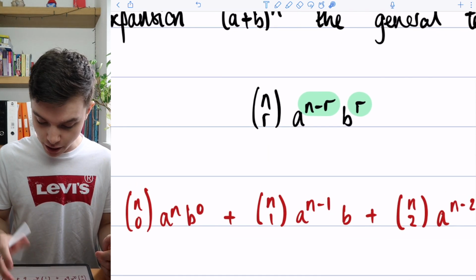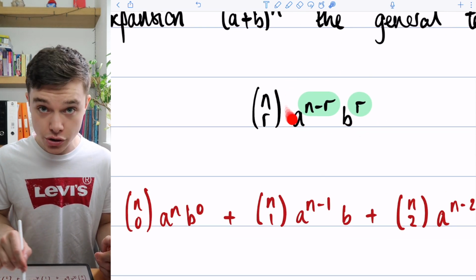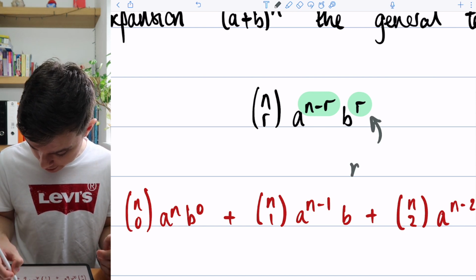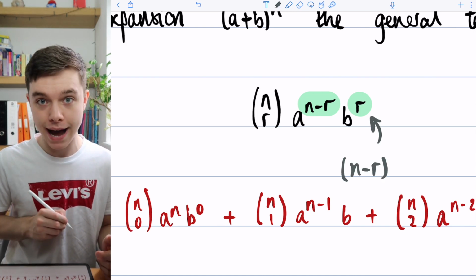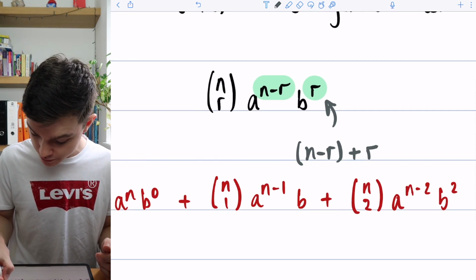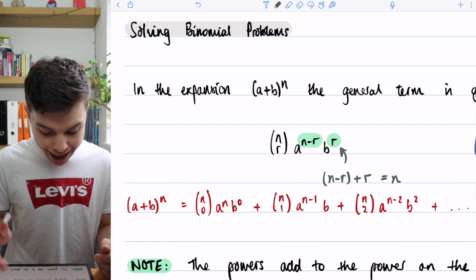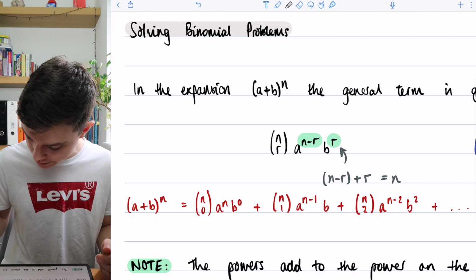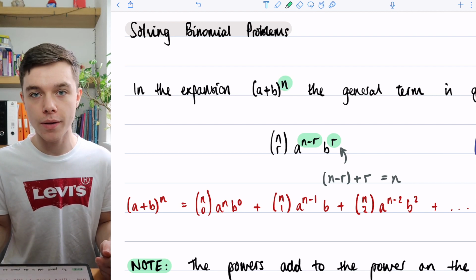So look here on the general term, if I add those 2 green powers together, I get this, and we'll do it in grey here, n minus r from the power on a plus r, the power on b. That gives me n, and n was the power on the bracket, okay? Let's highlight that in green as well. That's the power on the bracket there.